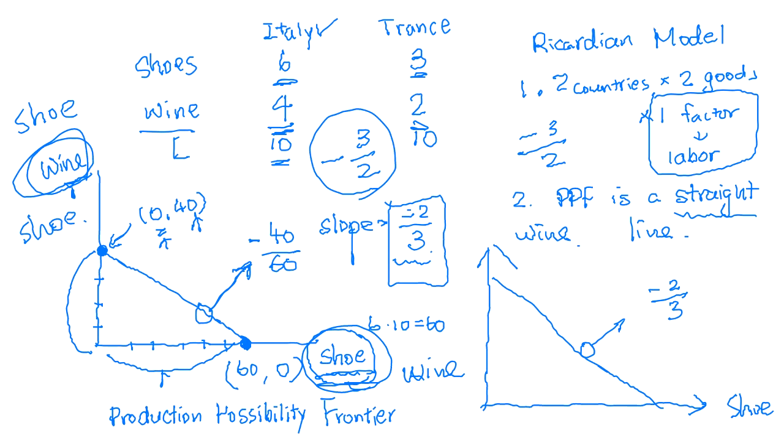So based on the prediction of the Ricardian model, no country will be involved in international trade because the comparative advantage is the same. But in terms of the absolute advantage, Italy has the absolute advantage simply because for both goods, the marginal productivity of labor is higher.